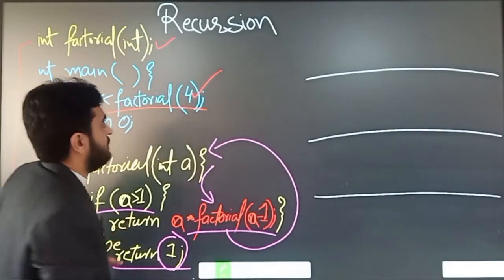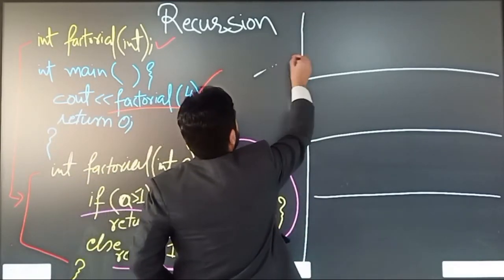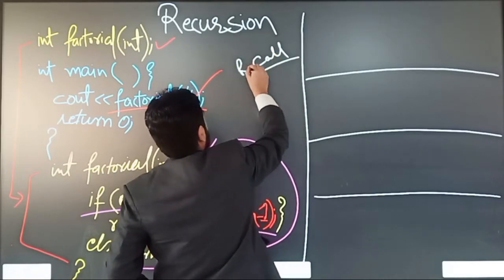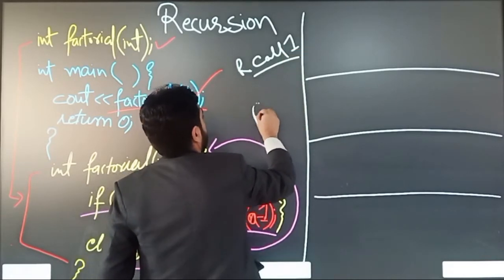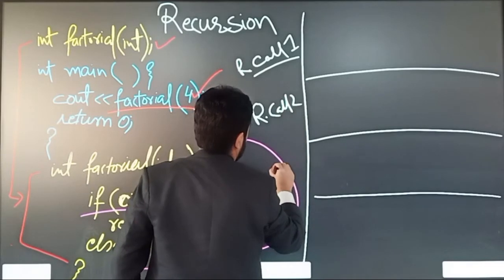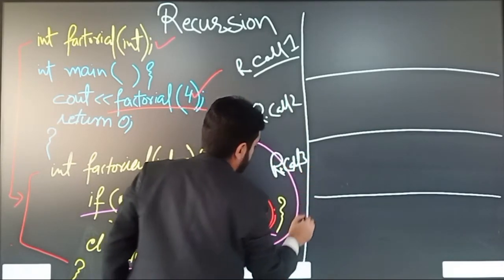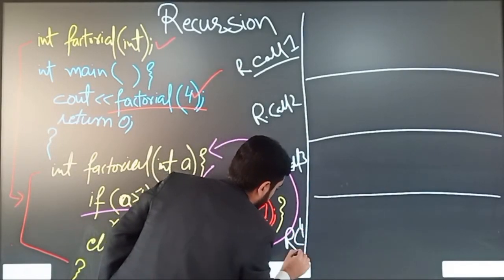These slots represent the recursive call 1, then recursive call 2, then recursive call 3, and then recursive call 4.